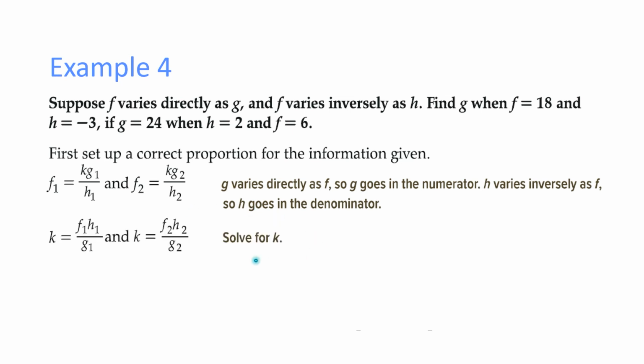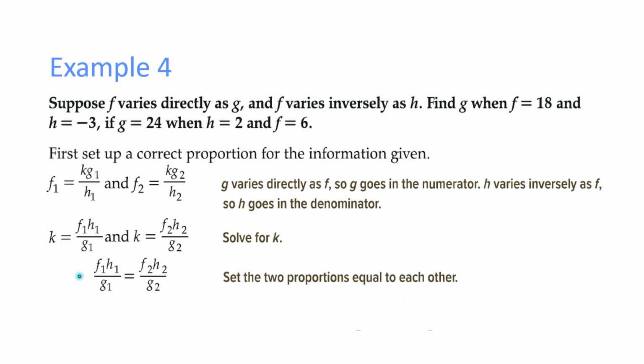Now we will solve for k, and this gives us k equals f1 h1 over g1 and k equals f2 h2 over g2. Now we will set the two proportions equal to each other.